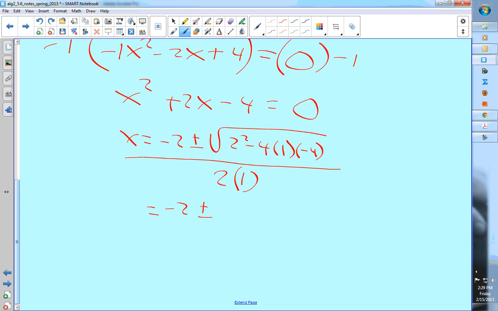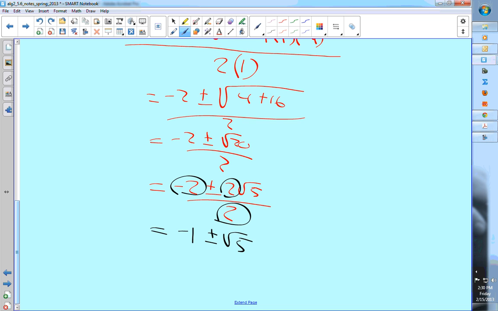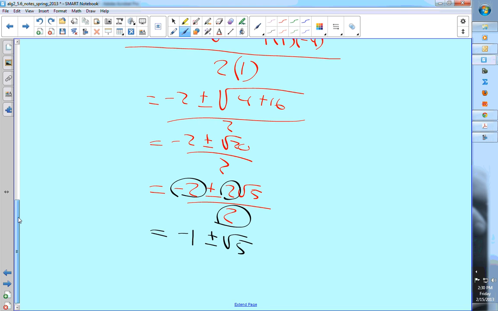Negative 2 plus or minus the square root of 4 plus 16 over 2. And you've got to be able to get it all the way down to negative 2 plus or minus 2 root 5 over 2 so that you can reduce these and get negative 1 plus or minus the square root of 5. Those are your other two roots.